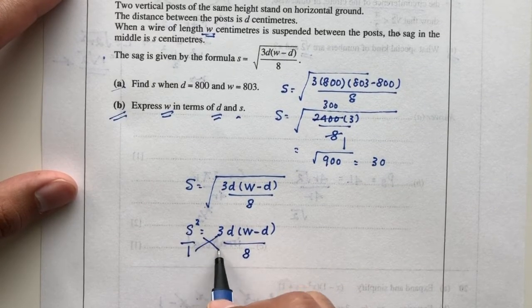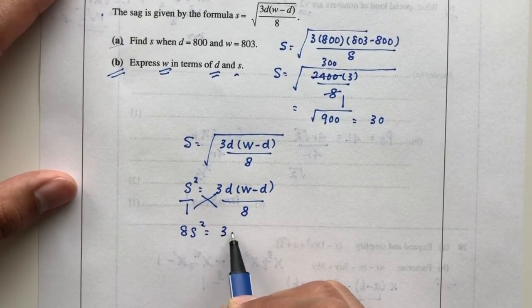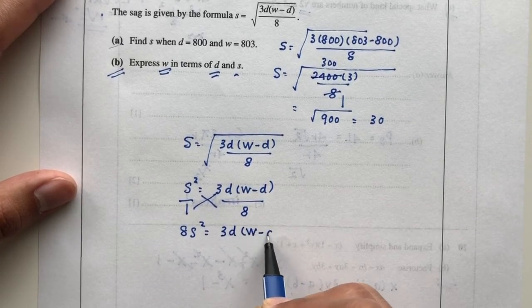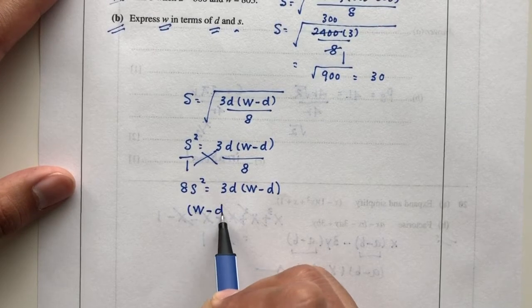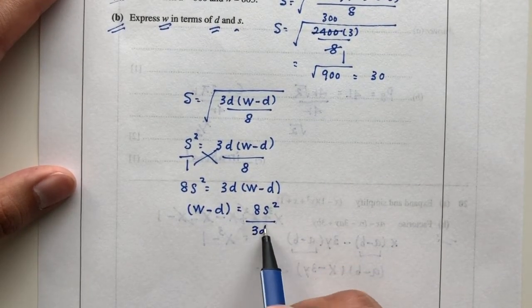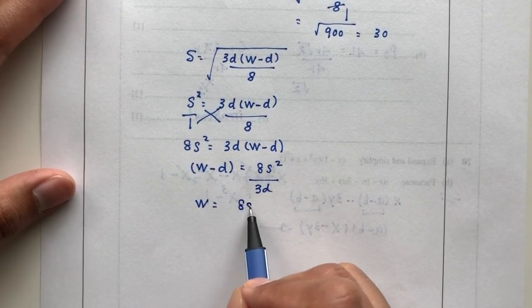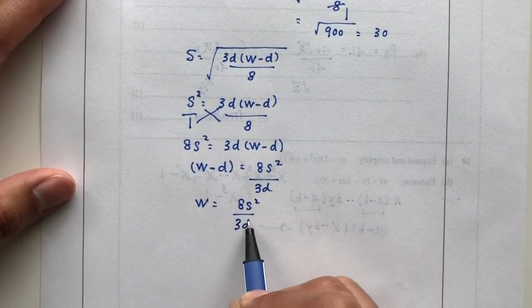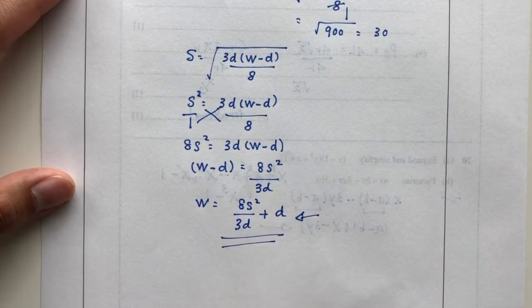Then we cross multiply. You will have 8S squared equals 3D(W minus D). Now we bring this one here. W minus D becomes 8S squared divided by 3D. Now W becomes 8S squared over 3D, plus D. So this will be your answer for part 21.